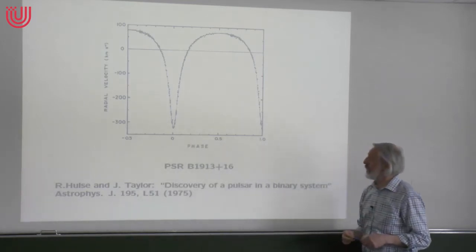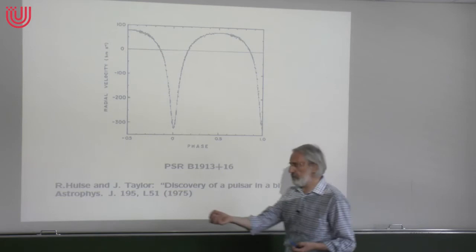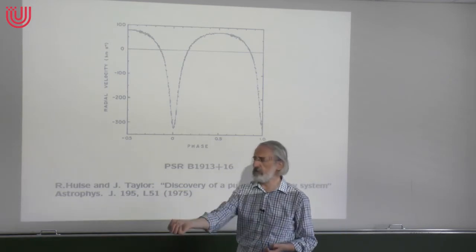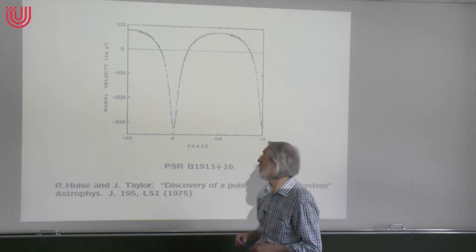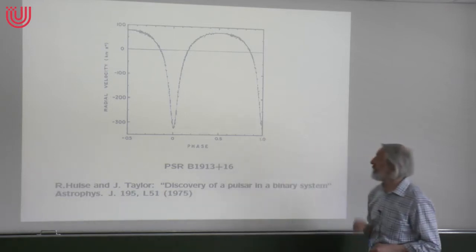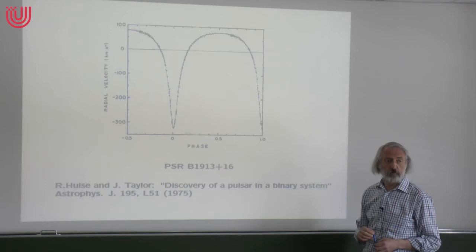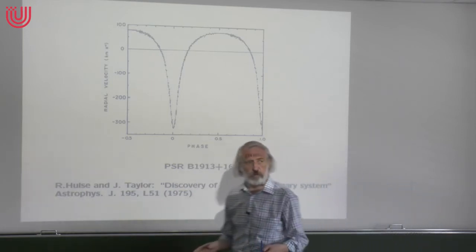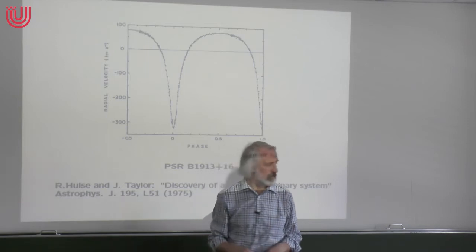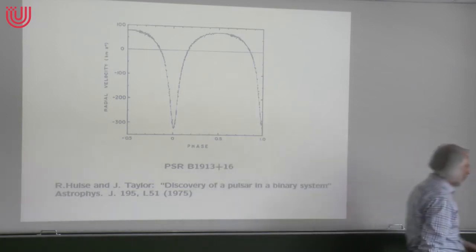So the only information we get is the radial velocity of the shining source, this radio pulsar. And the question is, can one deduce all the orbital elements from this? The answer is, if we stick within the Newtonian model, which we have used until now, you cannot. You can deduce only certain combinations of the parameters.